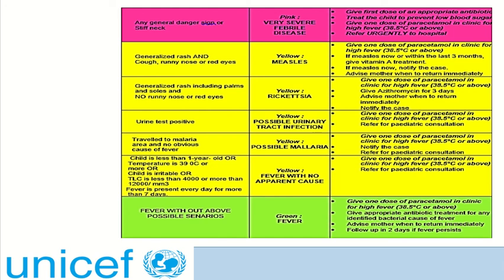If the child is classified as fever with no apparent cause, we give one dose of paracetamol in the clinic for high fever and refer for pediatric consultation. Lastly, if the child is only classified as a fever, we give one dose of paracetamol in the clinic for high fever and an appropriate antibiotic for any identified bacterial cause, and advise the mother when to return immediately and follow up in 2 days if fever persists.